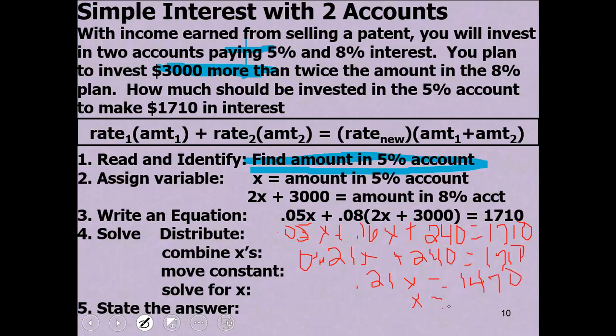So I've got to divide by 0.21. That means I need to put in $7,000 in the 5% account, and then 2X plus 3,000, $17,000 in the 8% account.